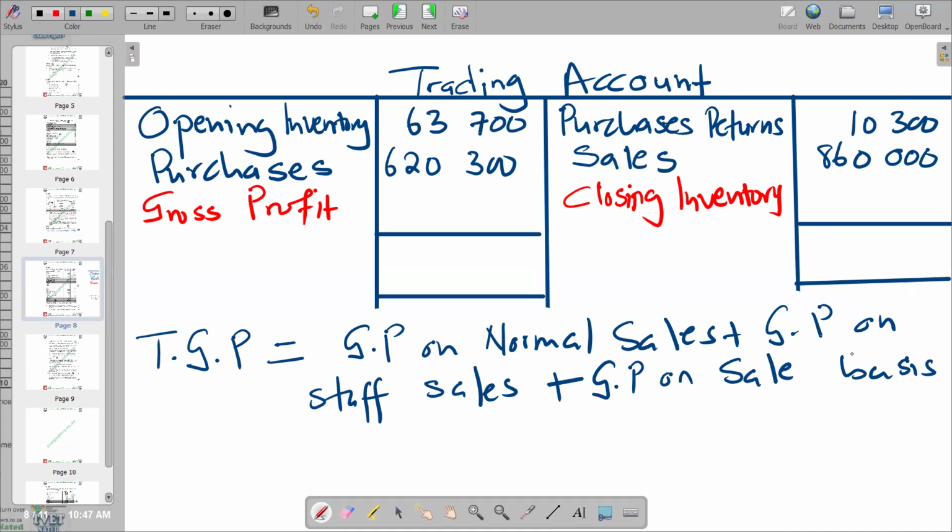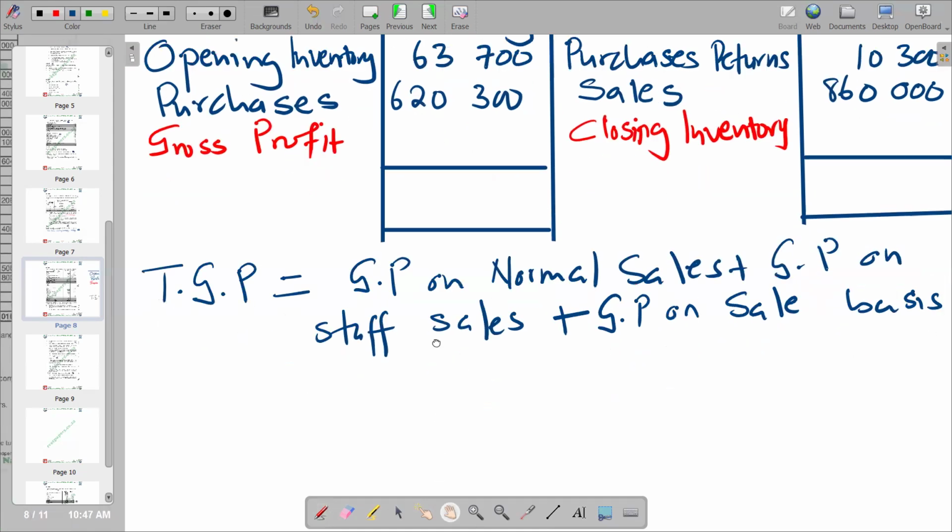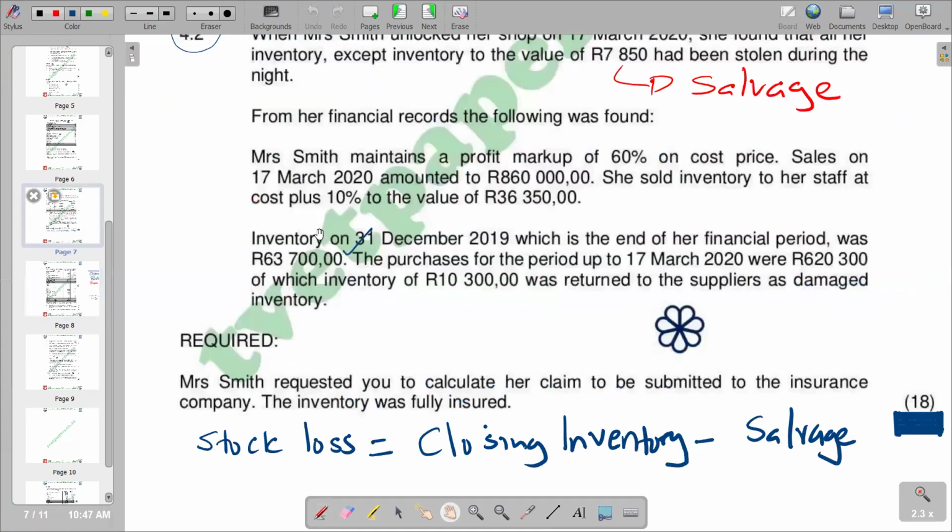Depending on the question, whether you have staff sales or a sale basis, it will vary. So let's see according to our question. You see that she sold inventory to a staff member at cost plus 10% to the value of R36,350. So we have staff sales of this figure.